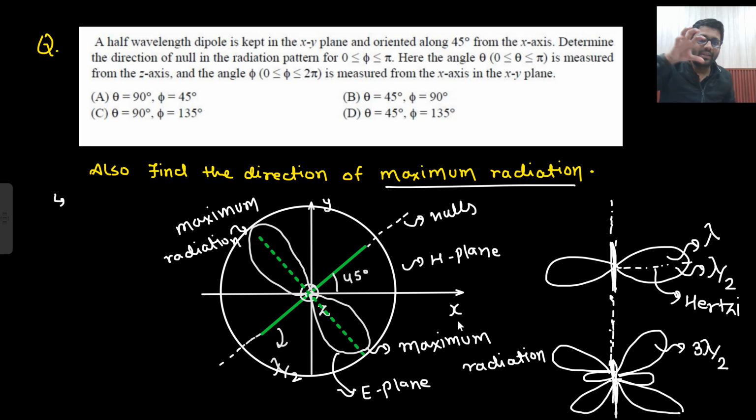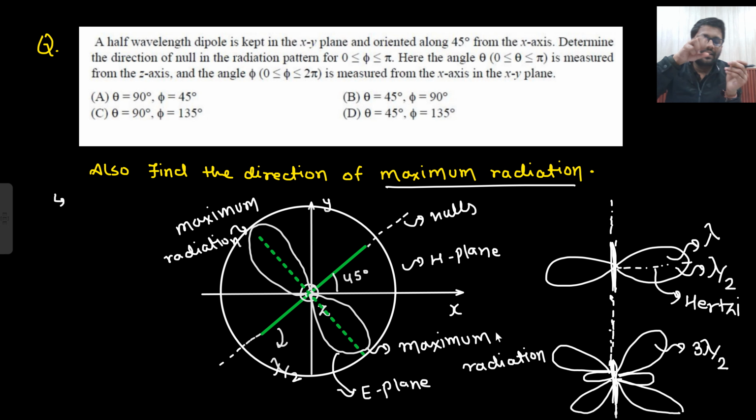So how can you say the maximum radiation is on this plane only? Because on this plane you have the maximum H plane circle. If theta is getting decreased, from 90 degrees to 80 to 70 degrees, then the radius of the circle will be getting decreased.